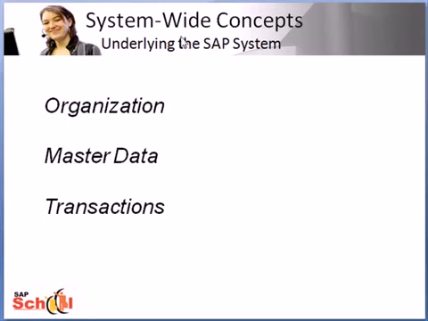We now take a look at some system-wide concepts underlying the SAP system. If you have to work with an SAP ERP system, you must know the meaning of these key concepts and how to work with them. So the first one is organization.